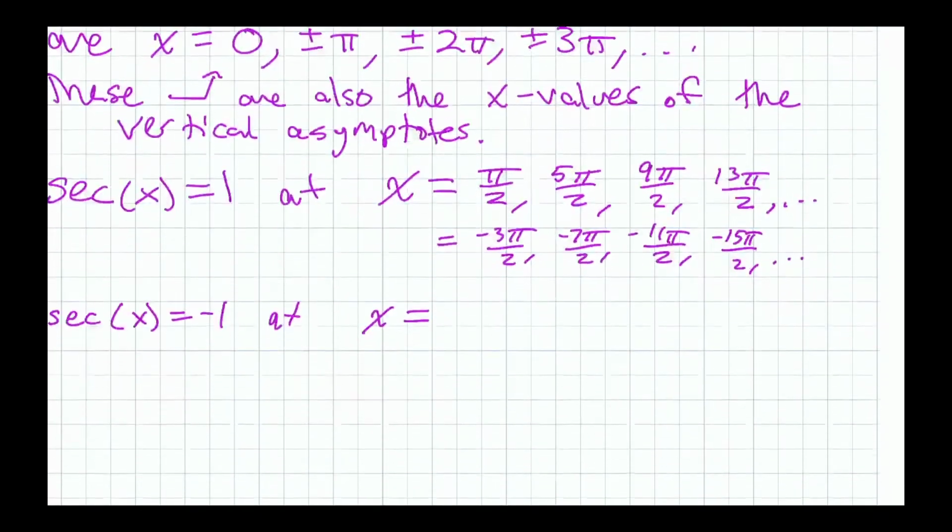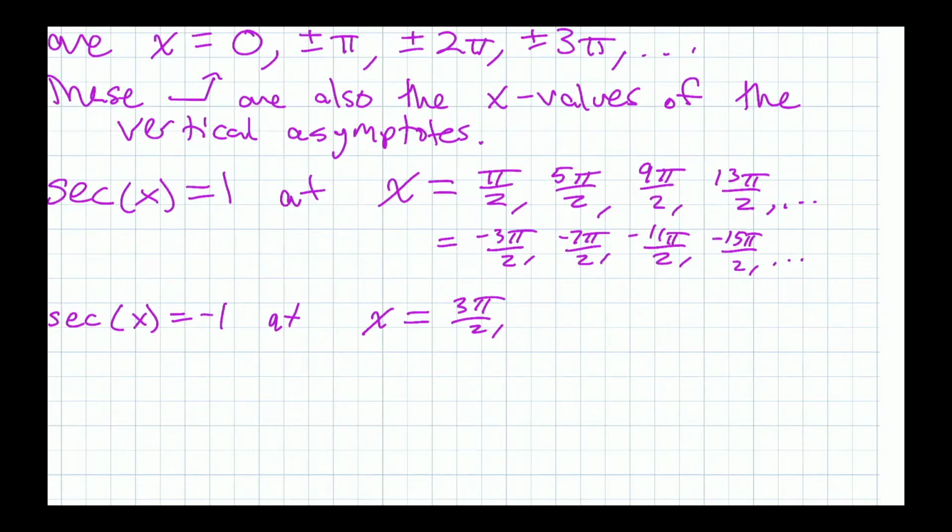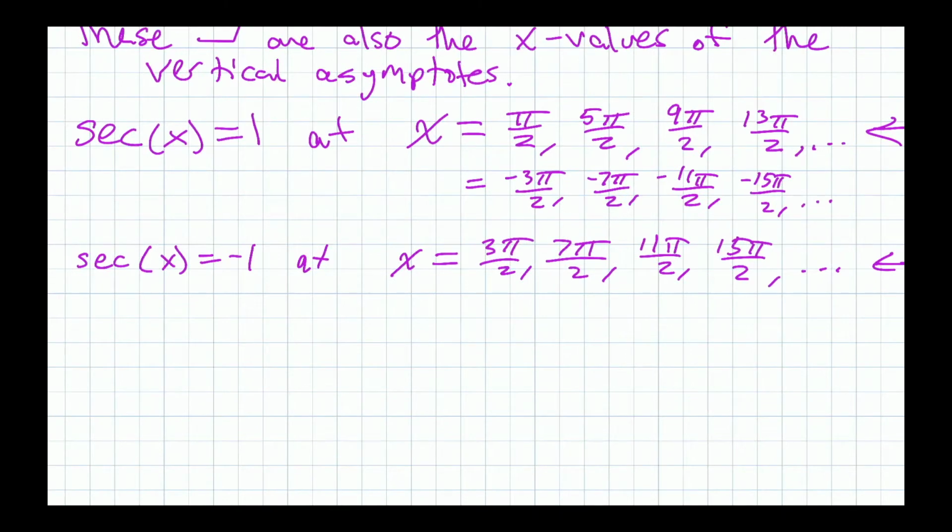Then the next one will be 7 pi over 2, 11 pi over 2, 15 pi over 2, dot, dot, dot. Now, compare this to this up here. Like pi over 2, it's 1, 3 pi over 2, -1, 5 pi over 2, 1, 7 pi over 2, -1. So it alternates plus and -1 at those values as you move across.